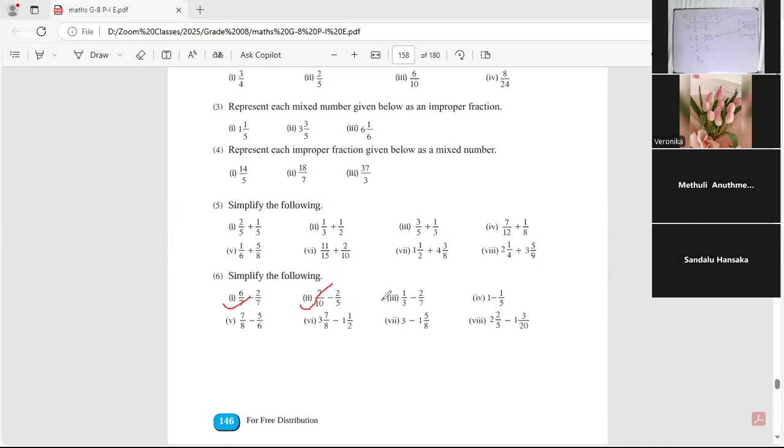Right? Please do the rest from 3 to 8. Right? Do this, do this, do this, do this, and do this. Right? You have to do the rest.